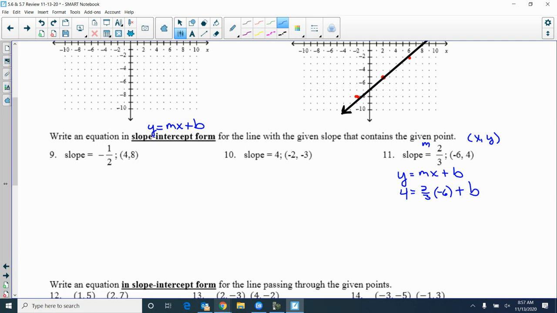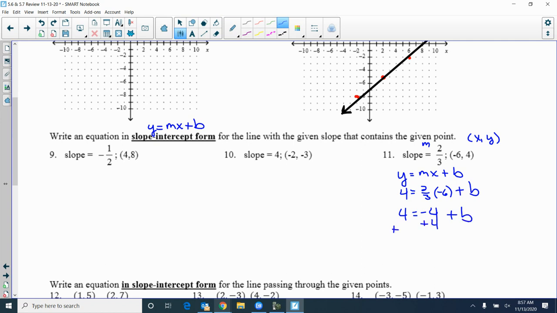We're going to figure out what b is. Now the only thing here is just be careful on your multiplying. 2/3 times -6 is -4. So I got 4 equals -4 plus b.